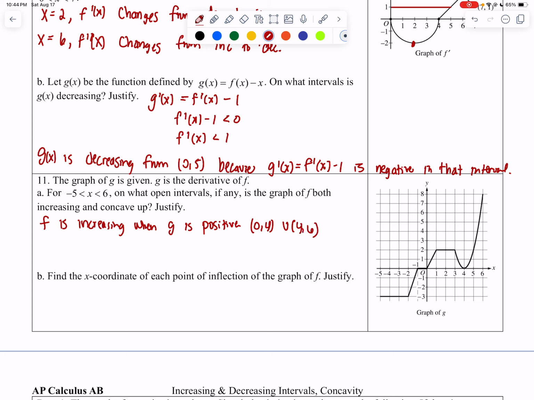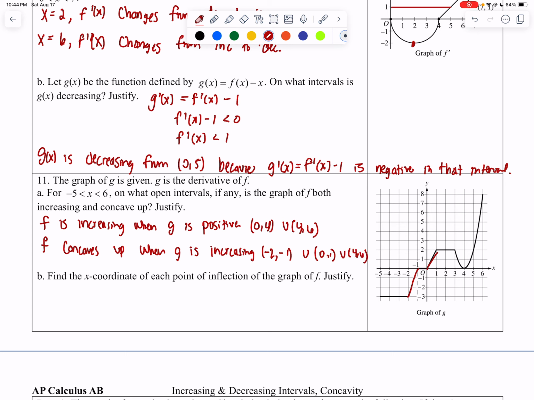And then we also know that if we're concaving up, f concaves up when g is increasing. So g is increasing occurs from -2 to -1, 0 to 1, and then 4 to 6.